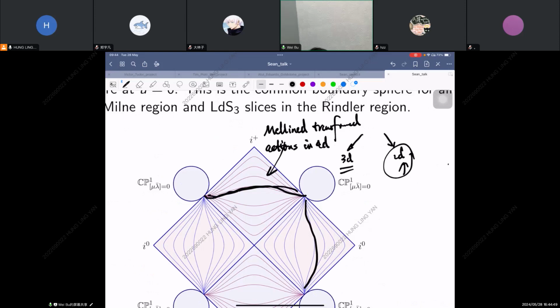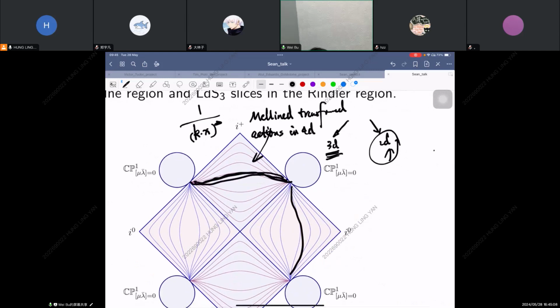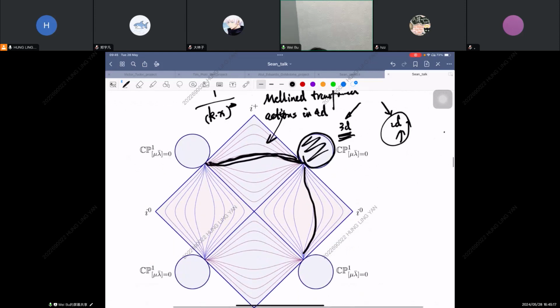You just take your 4D action, you do a Mellin transform after you allow proper field configurations. The on-shell field configurations of these 3D theories allow the singular fields on this locus k dot x equals 0, as we said earlier, through a large gauge transformation. So these are just Mellin transformed theories, and the 2D theories live here on this particular slice. So geometrically on space-time, what's happening is you're summing over a bunch of AdS3 slices, and dS3.